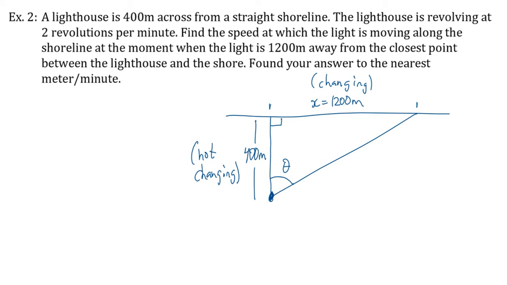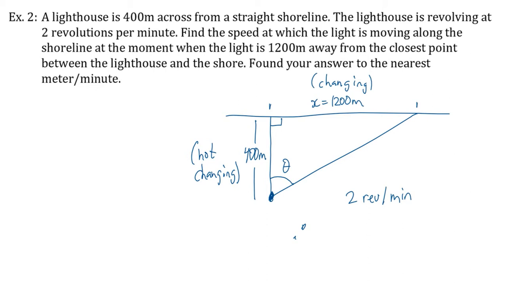So 2 revolutions per minute, let's think about that. Well, 1 revolution, if it's a circle, starting here, that's all the way around once. So what is that measurement? That's 2 pi. So twice around is going to be 4 pi.